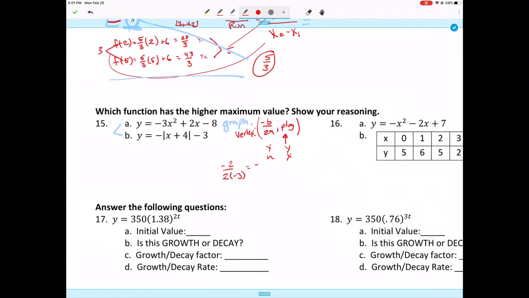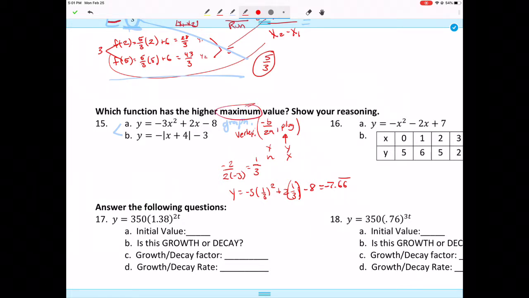That ends up giving us a positive 1/3. And so we'd plug that into our equation, y equals negative 3 times 1/3 squared plus 2 times 1/3 minus 8. And you would end up getting negative 7.66.